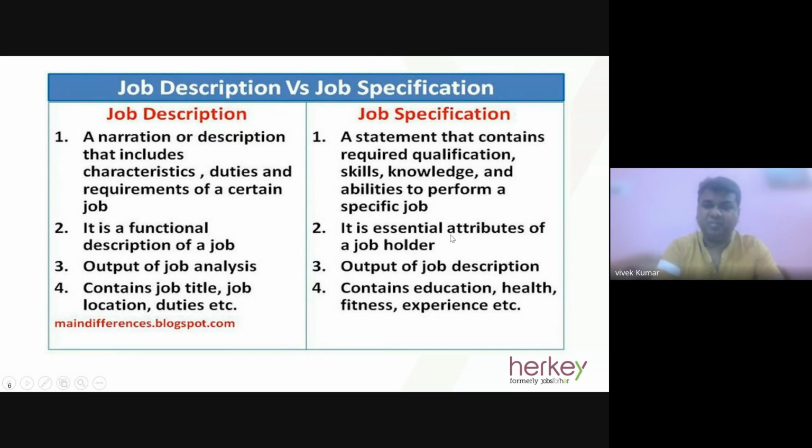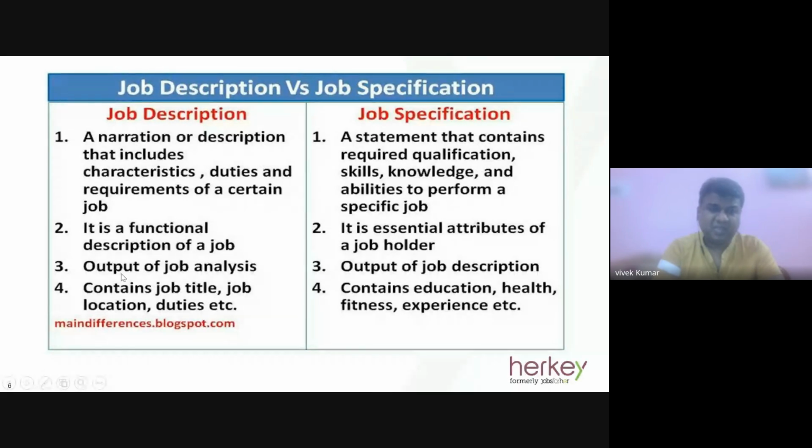Like you mentioned, this person could be a leader, this could be a go-getter, right? He has to be excellent in client communication and so many other things, right? All those things are very essential attributes of that job holder. He should be able to manage, let's say, a team of 20 people, right? So these are very essential attributes for this particular position. Okay, and that's how it would appear in the job specification.